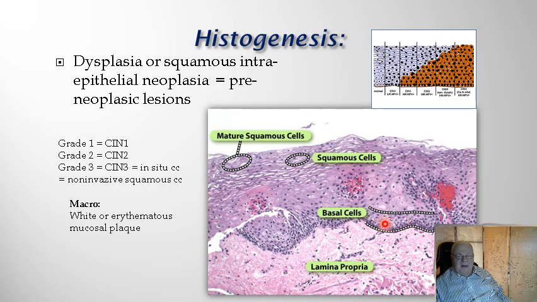But this proliferation, which is bigger and bigger, occupying more and more of the thickness of the squamous epithelia, at the end, the result will be an invasive squamous carcinoma and not an invasive basal cell carcinoma. The basal cell carcinoma doesn't have such a pre-neoplastic lesion present. So here is a source of confusion. Be aware.